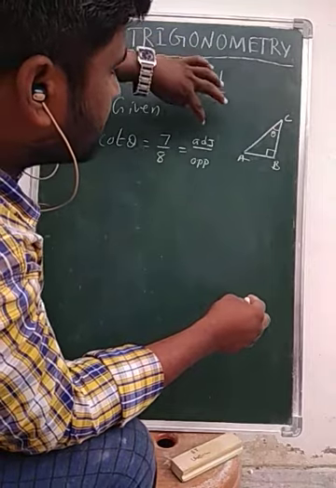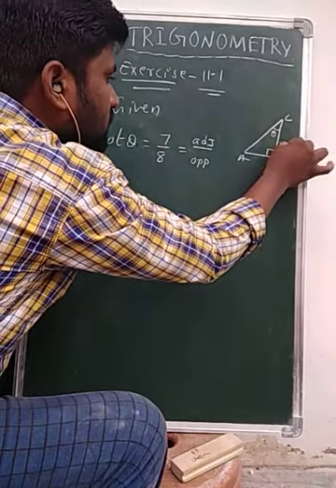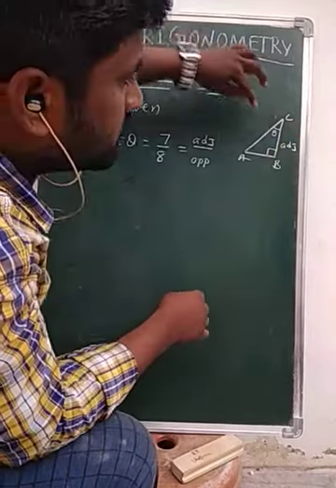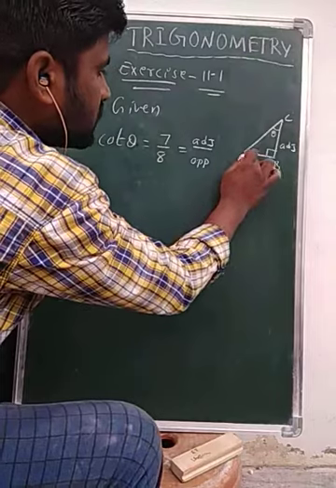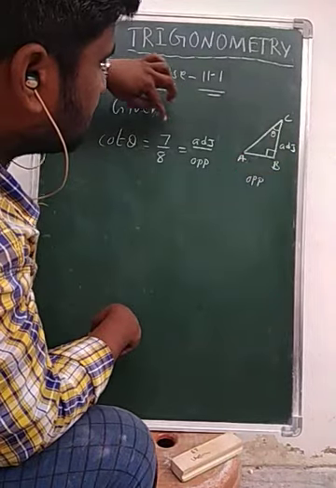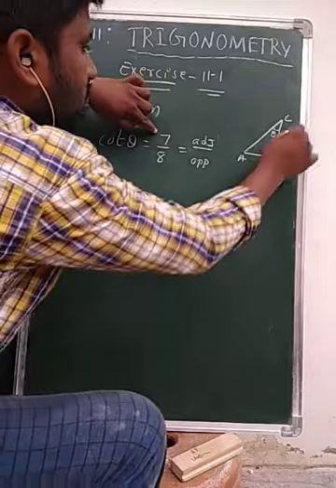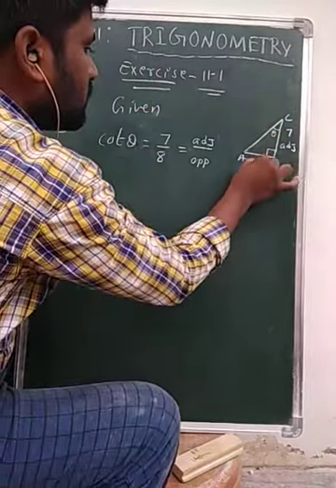What is the adjacent side? BC is the adjacent side with respect to angle C, that is theta. The opposite side is AB. Adjacent side means 7. Opposite side means 8.